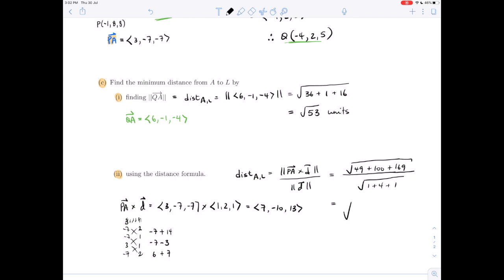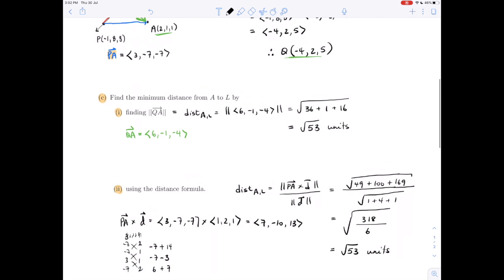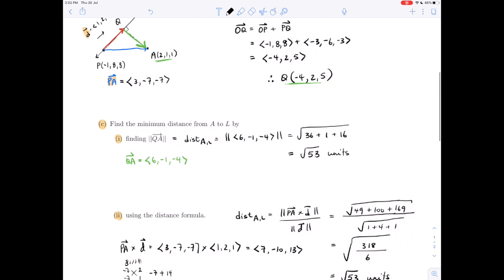Now if we do a little simplification, we can bring this fraction under the root. 49 plus 100 plus 169 is 318, divided by 6. And if you check, 318 divided by 6 is indeed 53, so the root of 53 units, whether you use the distance formula or you use the norm of vector AQ. Incidentally, vector AQ is the orthogonal component.